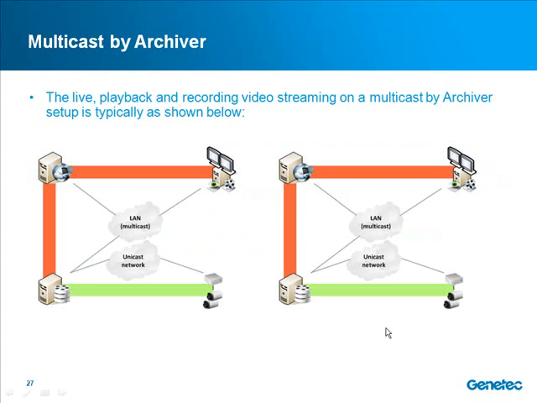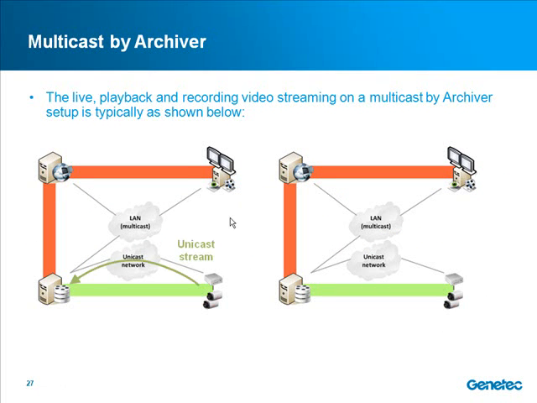So let's take a look at the network diagram in this case. We can see we have a unicast network between the video units and the archiver, and a multicast network between the archiver and the rest of the network components, including the gateway and the clients.